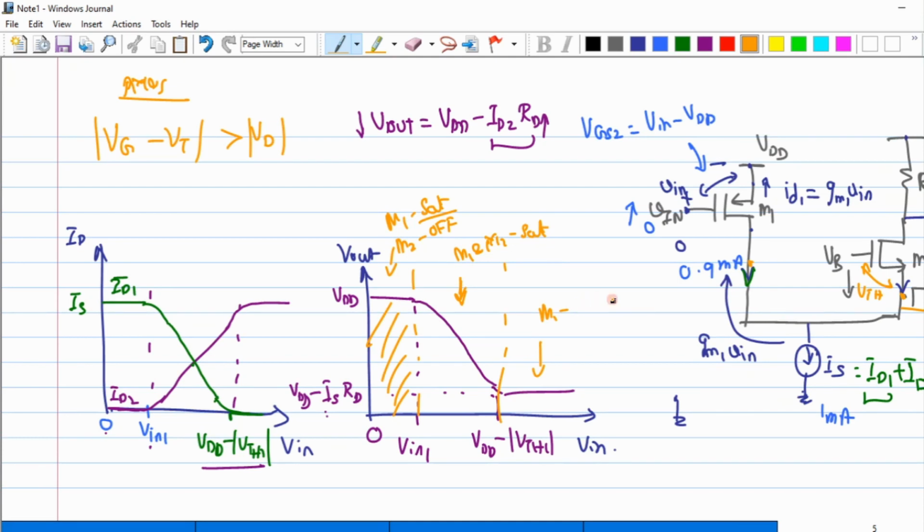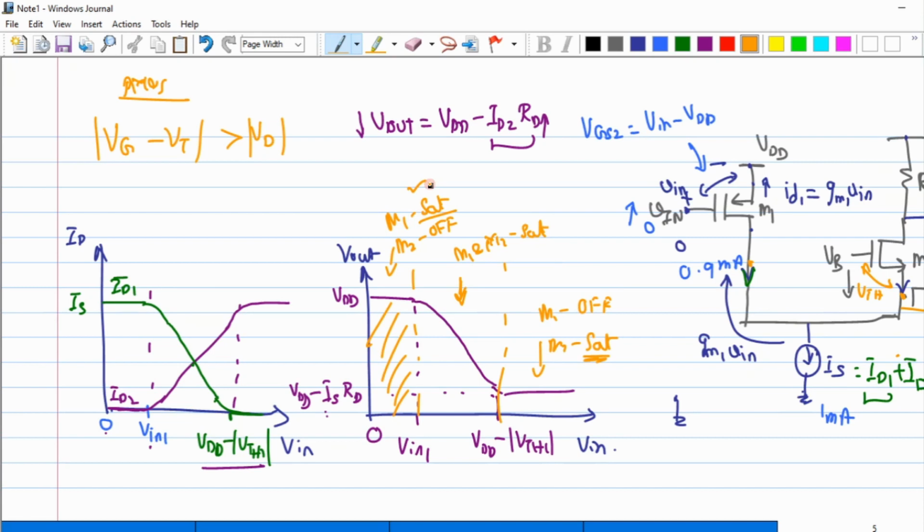So M1 cannot be in saturation. Okay, M1 is off, and M2? So what is happening to my ID2? Okay. So we are not pretty much clear about these regions over here.